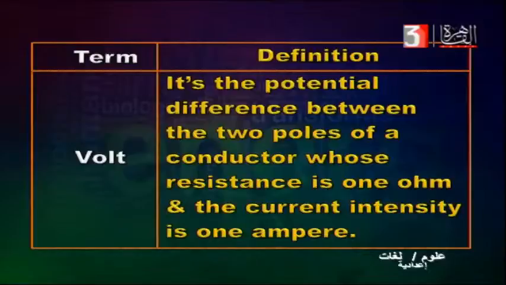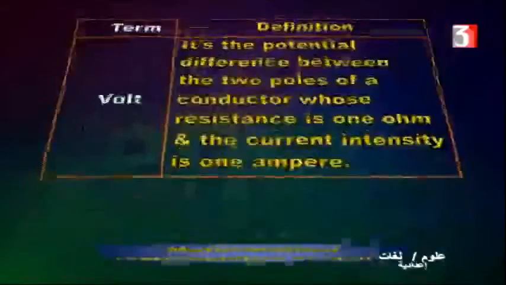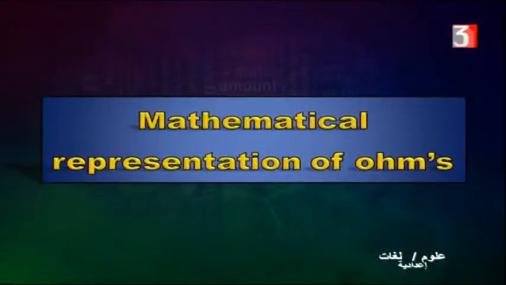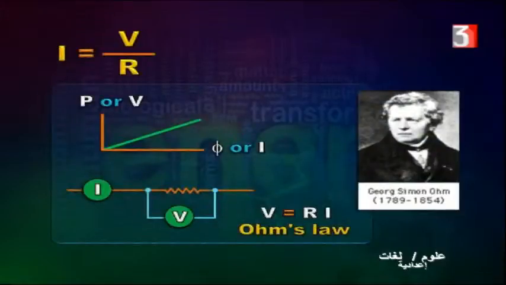R equals V over I. Mathematical representation of Ohm's law: I equals V over R, or R equals V over I, the same. Here we can see the graph is increasing, which means the relation between them is directly proportional. Increasing intensity, increasing potential difference.